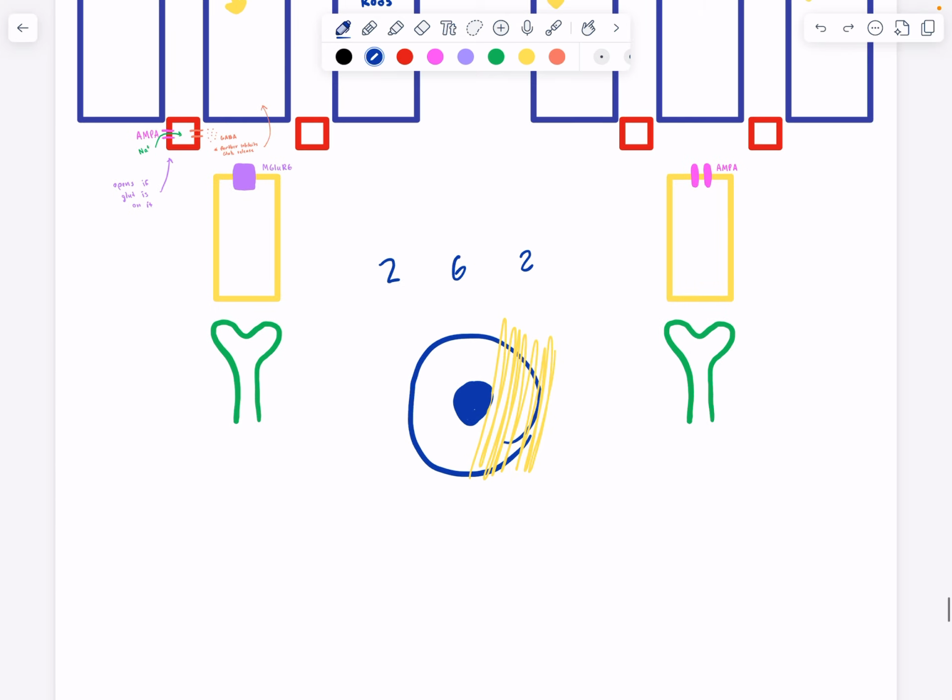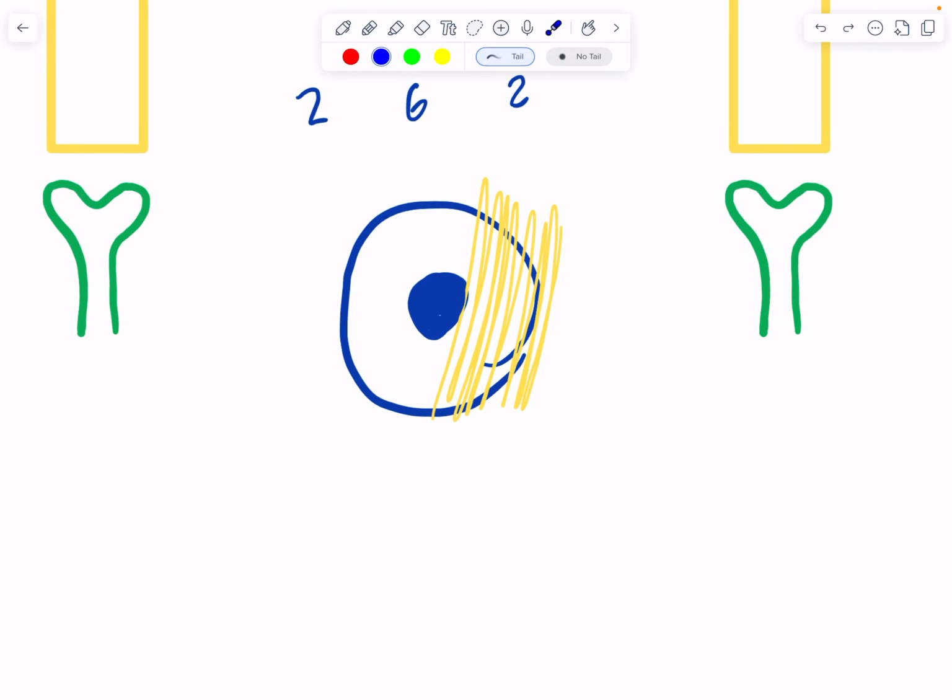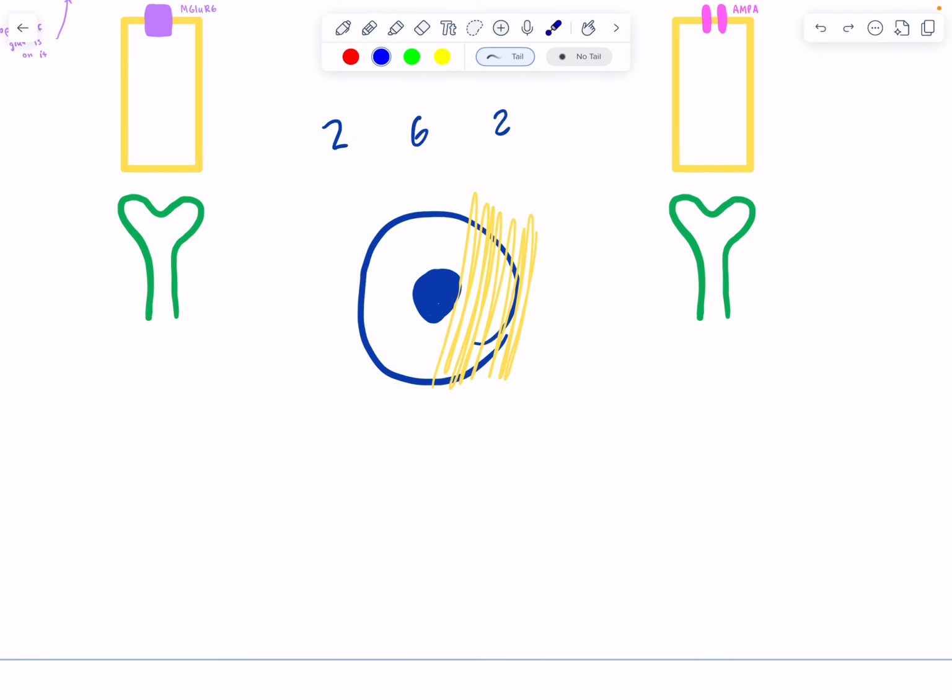Let's say light comes and hits this much, like I just drew. So basically the rule is, if light hits an on center, then we're going to count those action potentials. If it's an off center and dark is hitting it, then we count those.